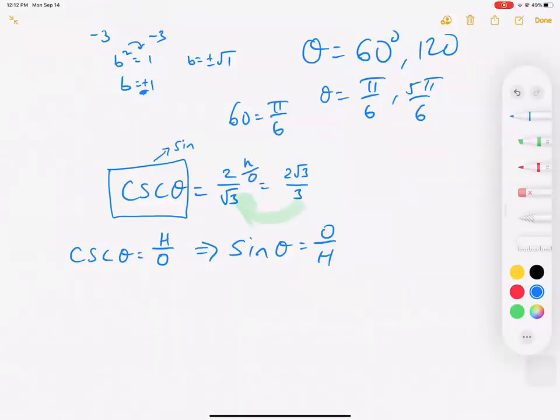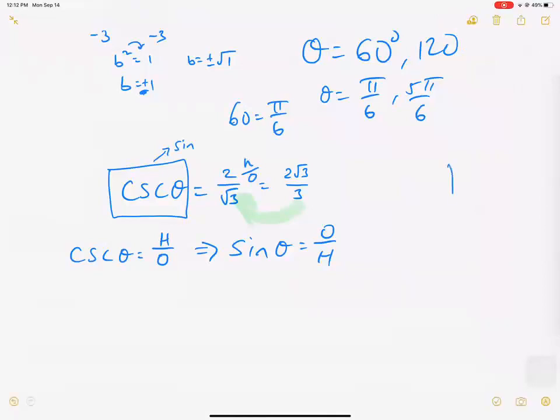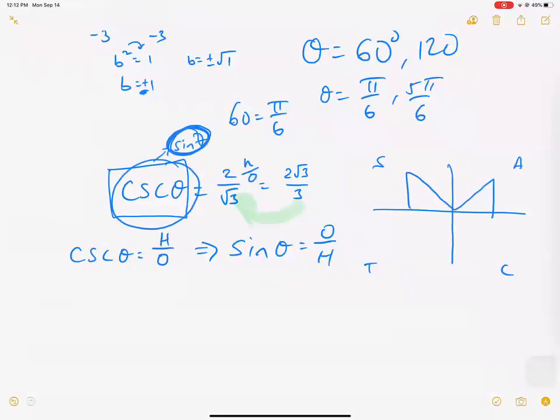So when we talk about reciprocals, when you just flip a fraction, it doesn't change the positive or negative aspect of it. So in what quadrant is cosecant positive? It's positive whenever sine is positive. So sine is positive, all students take calculus, positive in quadrant 1 and quadrant 2.